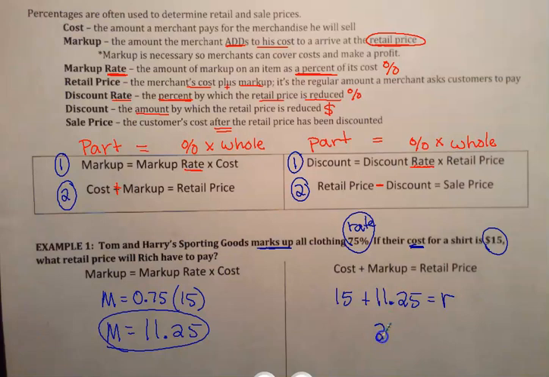Good. 26.25 equals our retail price. Remember, this is in dollars. That's our final answer, so you should put the dollar sign on it. So if Tom and Harry Sporting Goods buys a shirt for $15, they're going to sell it for $26.25. They have to add that $11.25 for their markup.